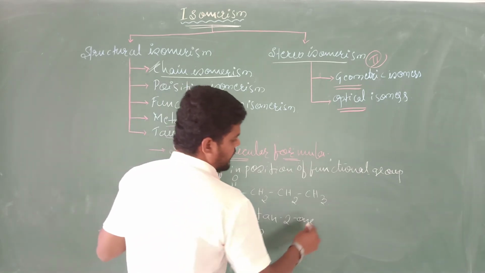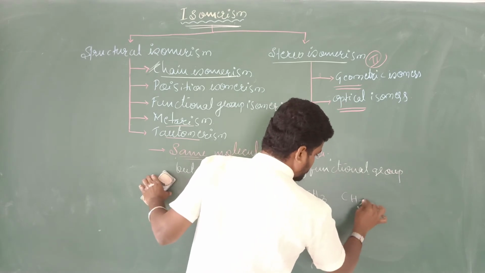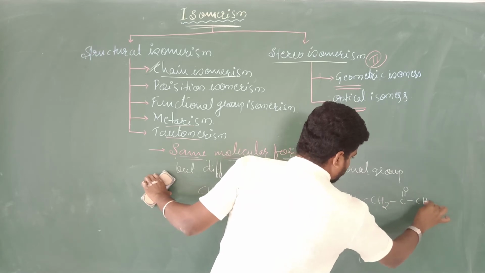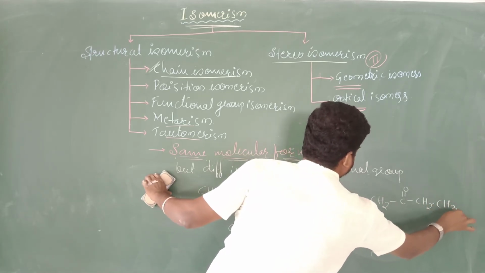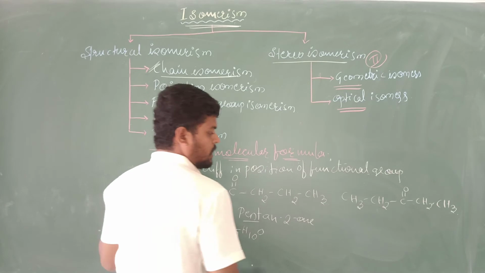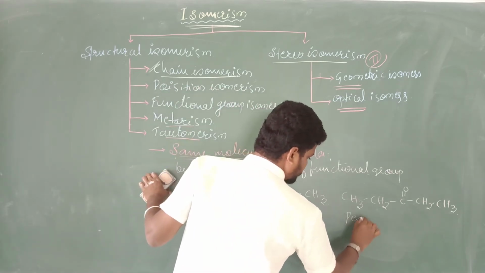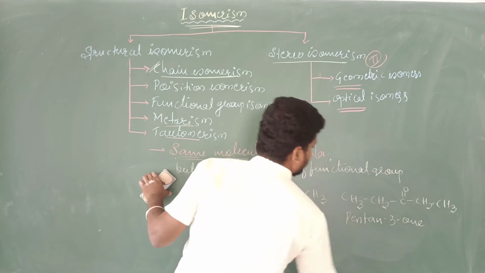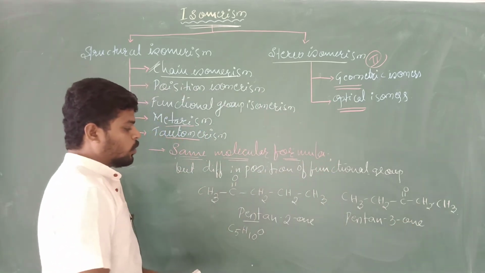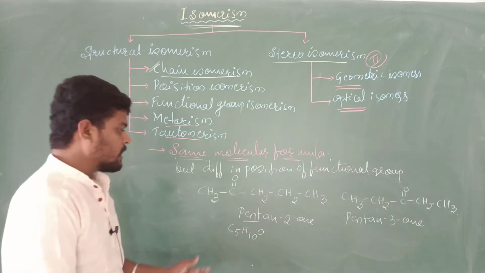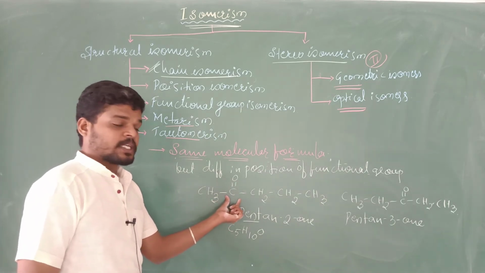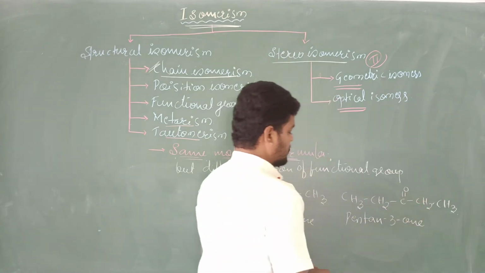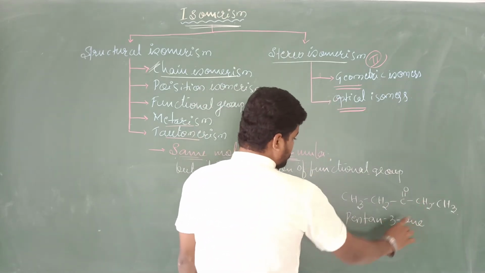If you write in another form, CH3 CH2 C=O, CH2, CH3. Again, the name of the compound will be pentan-3-one. Here, pentan-2-one had the oxygen atom at the second carbon, and here the oxygen atom is at the third carbon, so the name will be pentan-3-one.